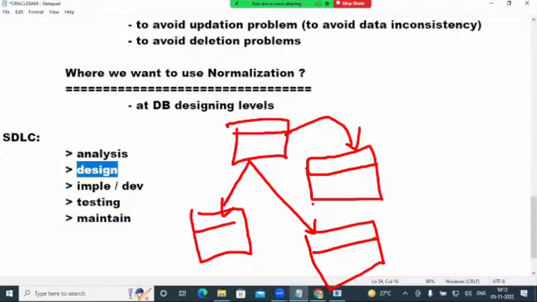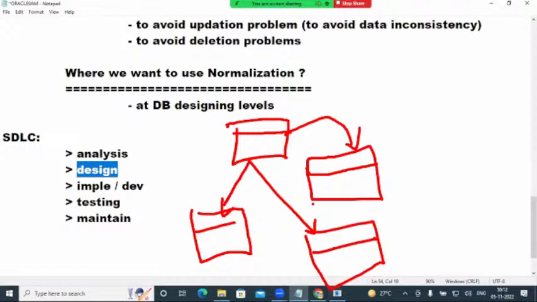After finalizing those tables, they will send them to the database developer. The database developer creates the tables: 25 tables in this project, created with the column names. Which column has the primary key, foreign key, relations, everything is practically developed. Understand now?